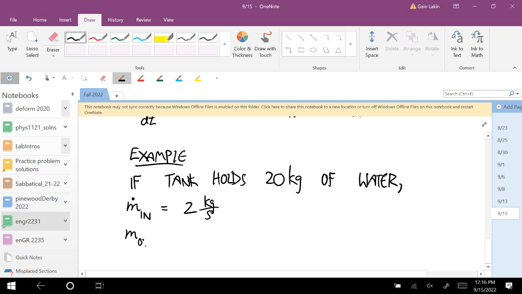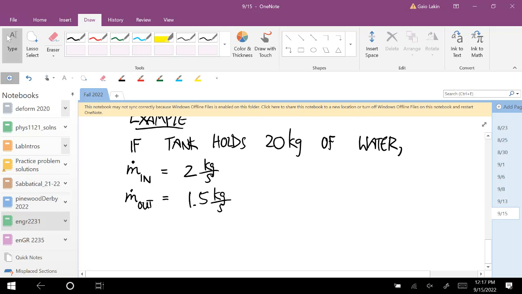The mass flow rate out is 1.5 kilograms per second. How long until the tank fills?